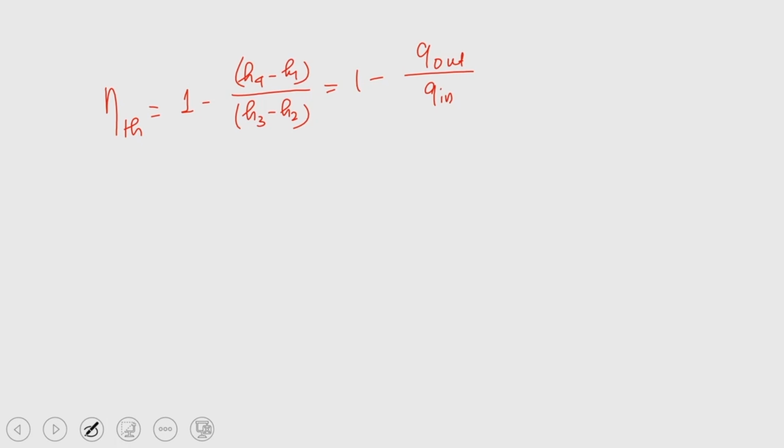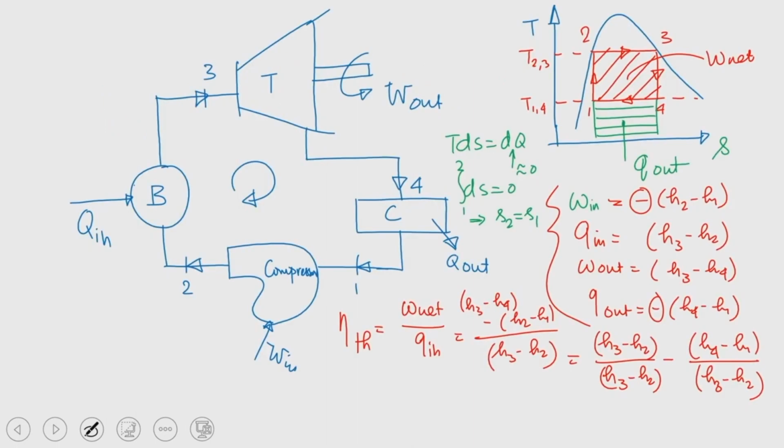See, in the last class we discussed the Carnot cycle, comprising two reversible adiabatic processes and two reversible isothermal processes. For the reversible cases, we can write 1 minus Q out by Q in.